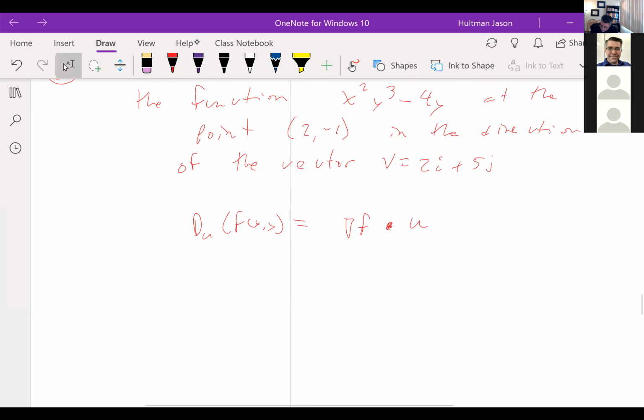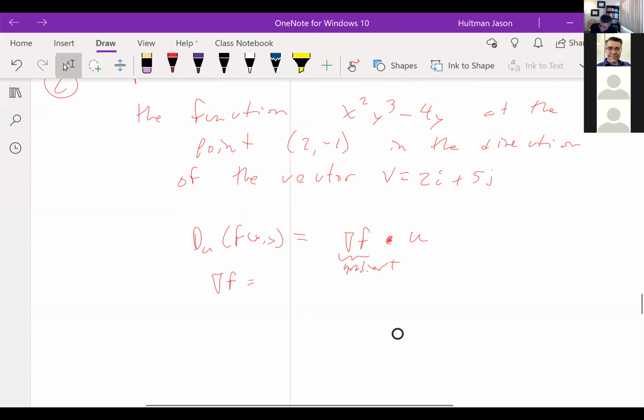So what's del f? Well, del f, what we call the gradient vector, is the partial of x, partial of y, as a vector.